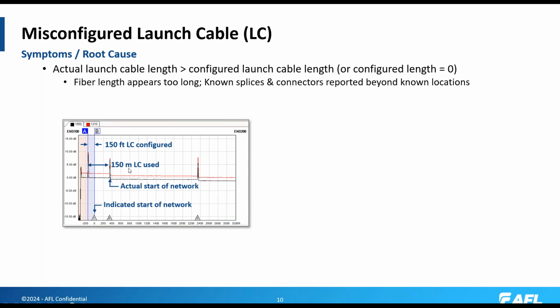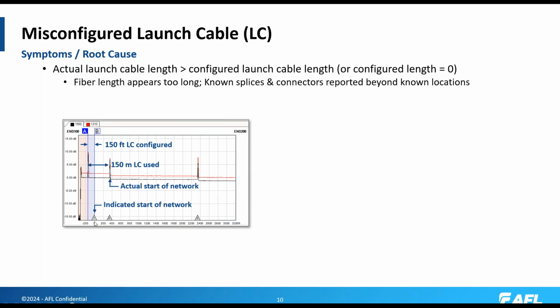So you'll see that with the 150-meter launch cable, the reflection at the end of the launch cable, which is the actual start of the network, is well beyond the 150-foot configured launch cable, which is this shaded blue region.